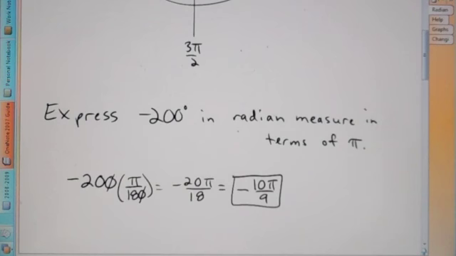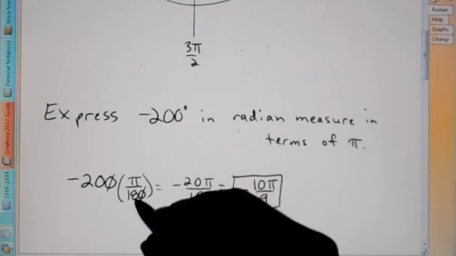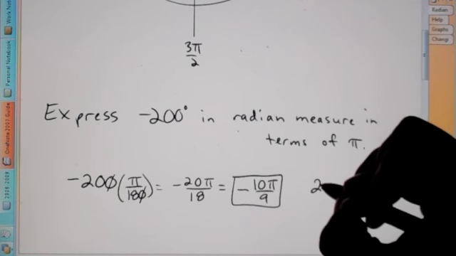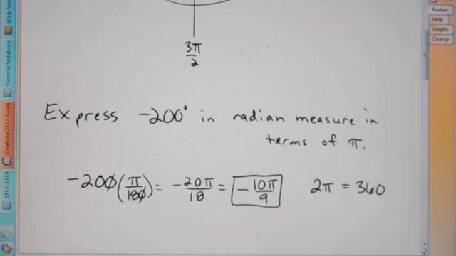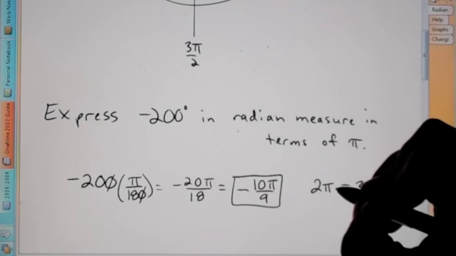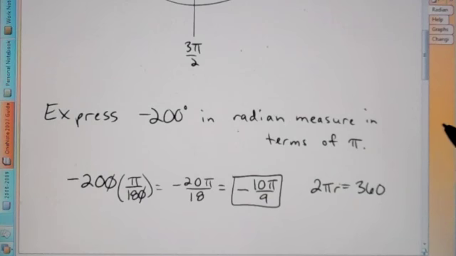You multiply by pi over 180. The reason we do pi over 180 is that 2 pi is equal to 360 degrees, 2 pi r, that's our circumference.